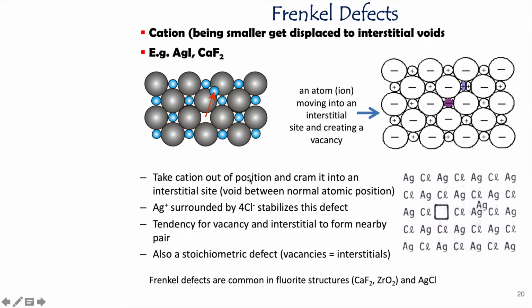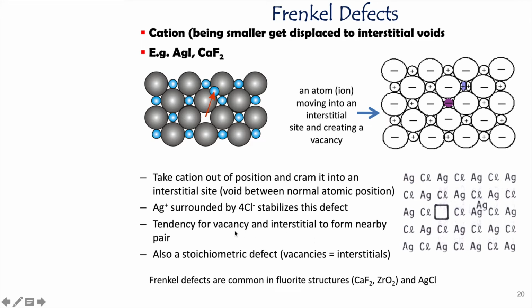Here we have silver chloride, where the silver moves around and crams itself between the chlorides. This silver is surrounded by 4 chlorides, 1, 2, 3, 4, which stabilize this defect.